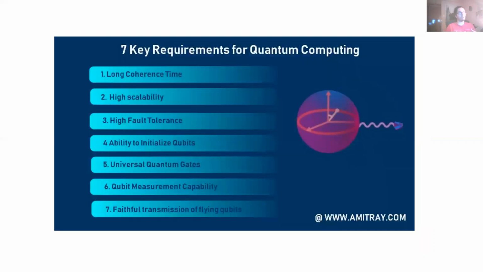And there are also these 7 key requirements for quantum computing: first, long coherence time, because we need our information to be coherent; high scalability, since I need to entangle more qubits to process more information; high fault tolerance; ability to initialize qubits; universal quantum gates; qubit measurement capability; and faithful transmission of flying qubits.